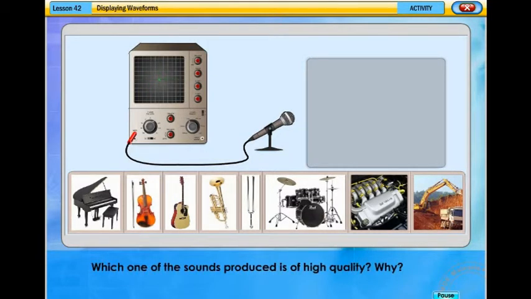Which one of the sounds produced is of high quality? Why?